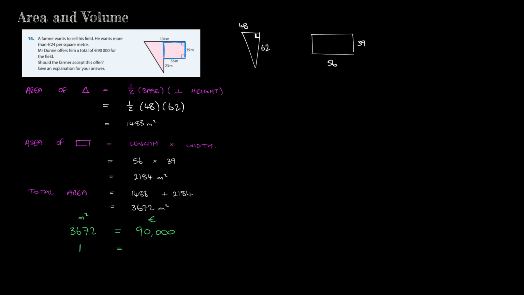To find out what he gets for 1 square meter, I need to divide both sides by 3,672.